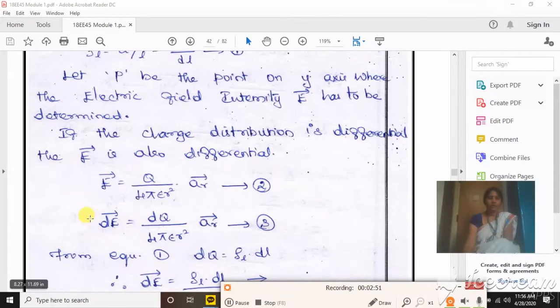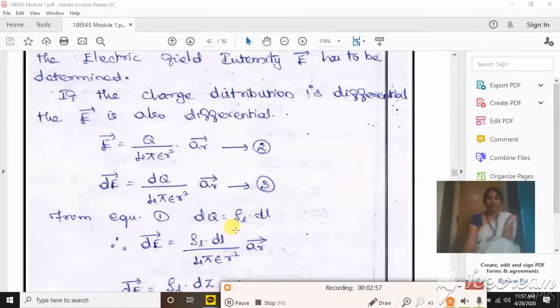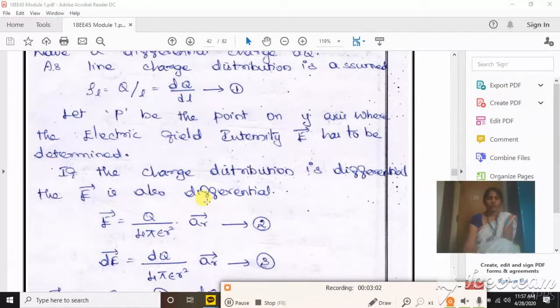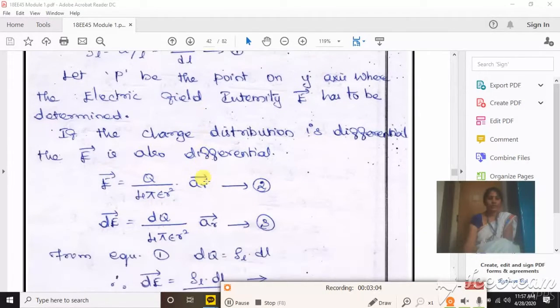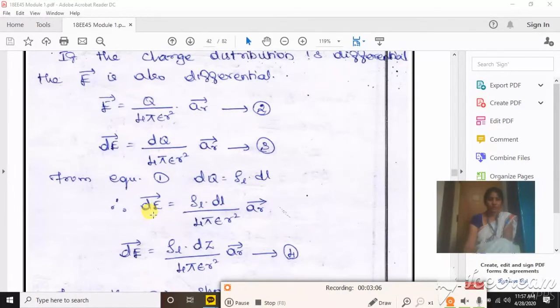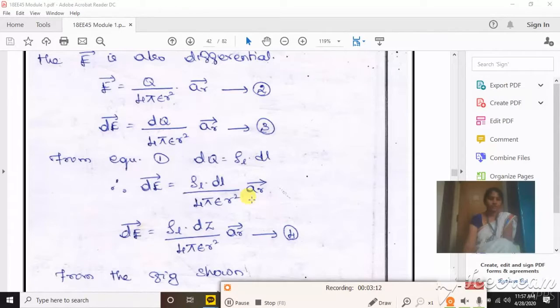So we can write dE is equal to dQ divided by 4πεR² into aR vector. Now substitute the value of dQ here. What is dQ? It is ρL into dl. So when you substitute, you will get dE is equal to ρL dl divided by 4πεR² into aR vector.